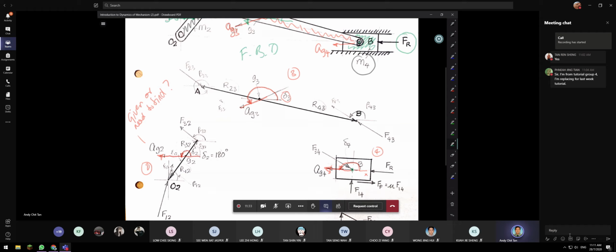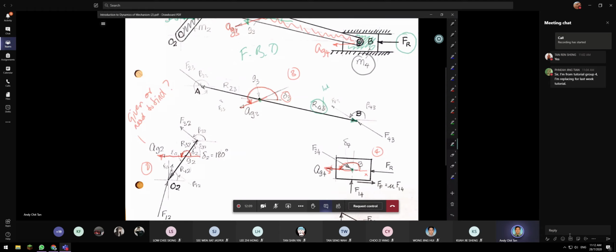So we need to identify the distance from the center here to point B. We call this R43. The arrangement of the numbers is very important. The 4 means the R is towards link number 4, which is our slider, so the arrow shows that it is going to 4, and it is on link number 3.